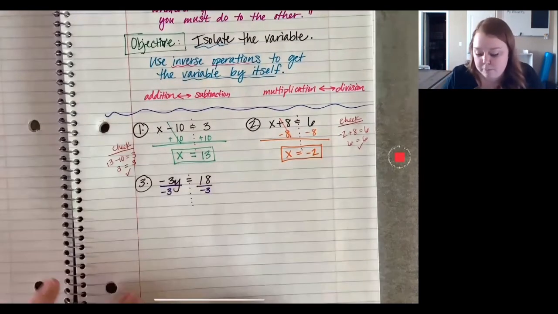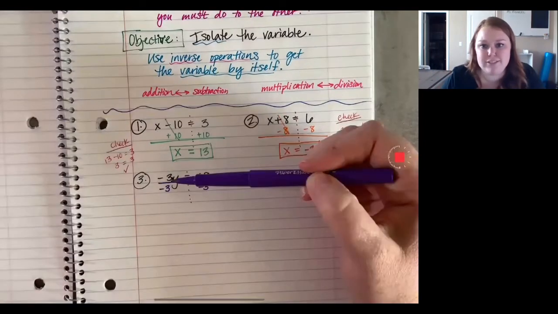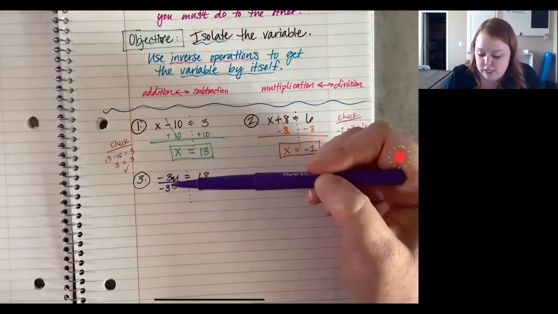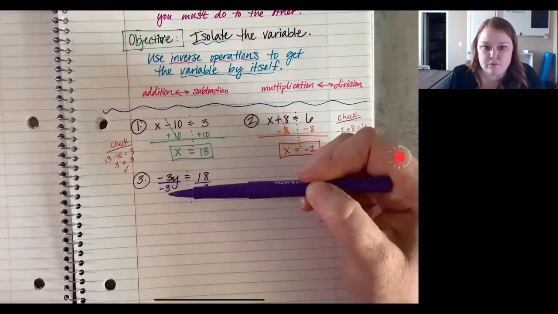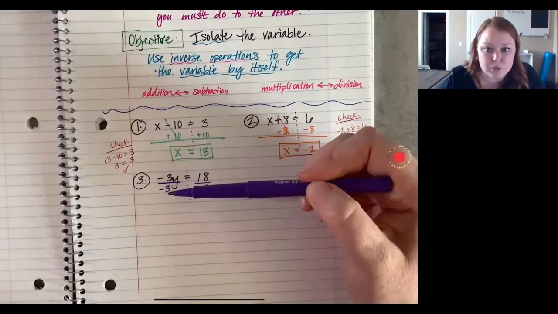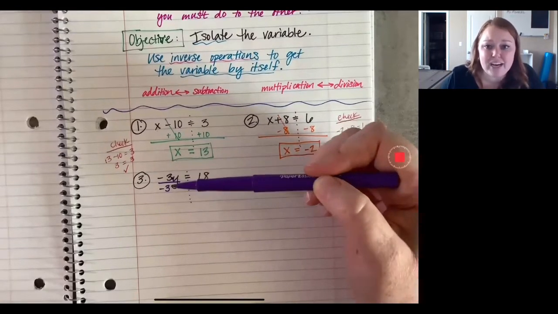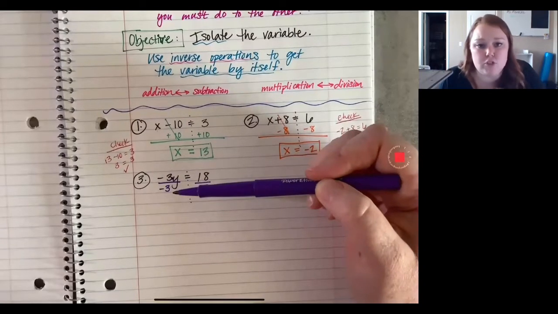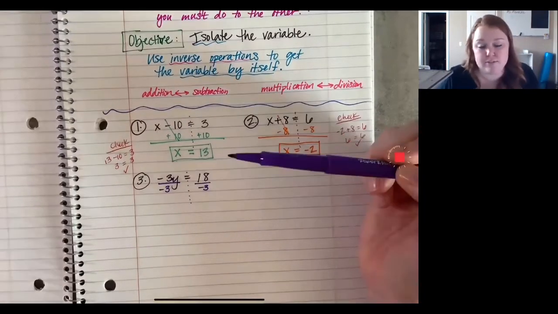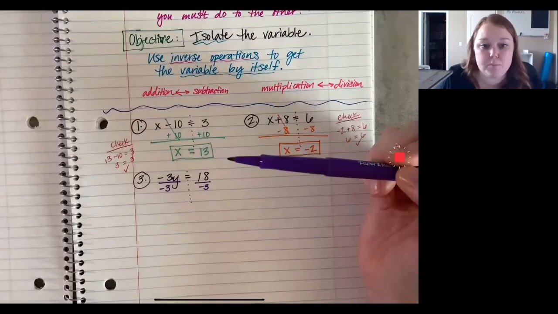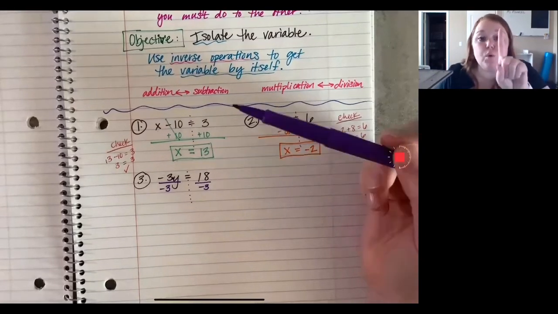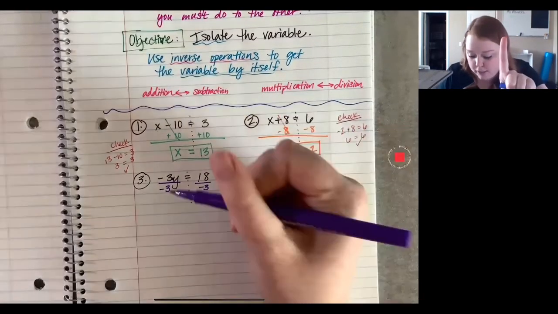Now here's what happens. This might look weird to you. It's not, it's just a fraction. -3 divided by -3. Any number divided by itself is, and don't you dare say 0. It's not 0, people. Any number divided by itself is 1. Now, I go like this.